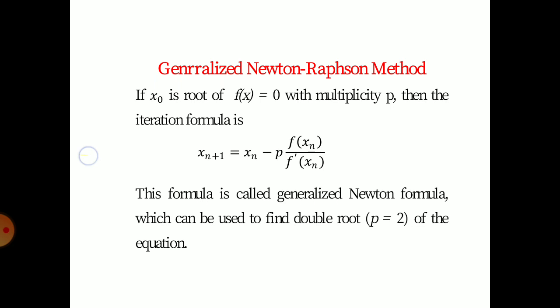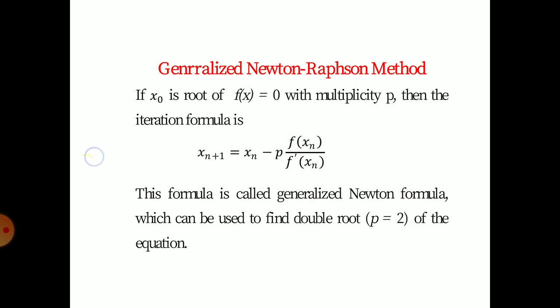But remember that if f of x is equal to 0 has a root x0 of multiplicity p, that means x0 is a root, listen carefully, if x0 is a root of multiplicity p of the equation f of x is equal to 0, then the equation f dash of x is equal to 0 has a root of multiplicity p minus 1.